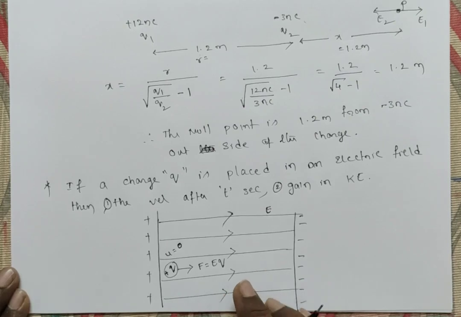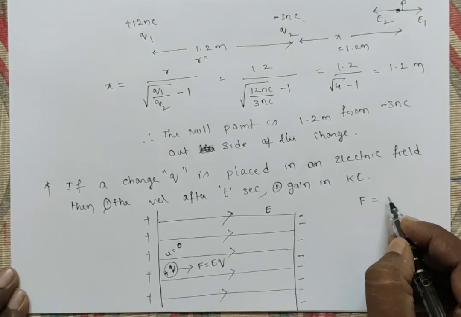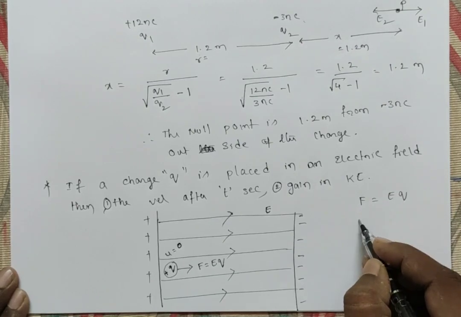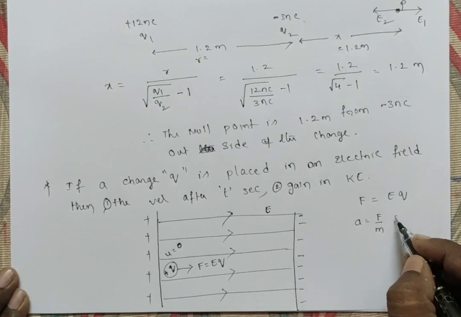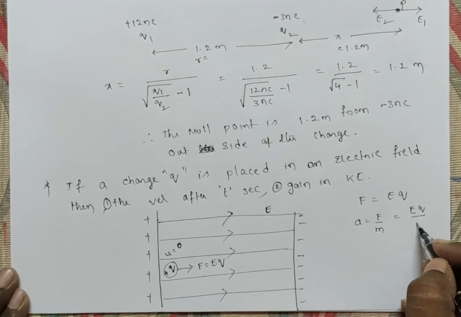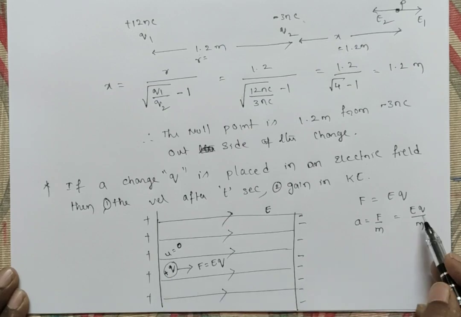So force is experienced, which means it is going to accelerate. With F equal to EQ, we can write a equal to F by m, that is EQ by m. So it accelerates with acceleration EQ by m.